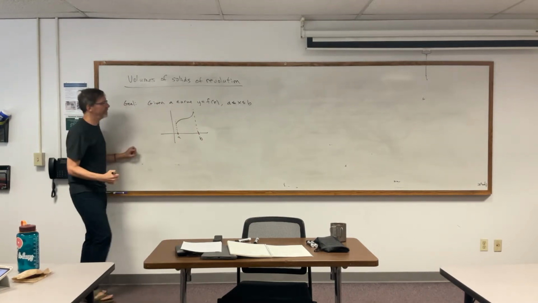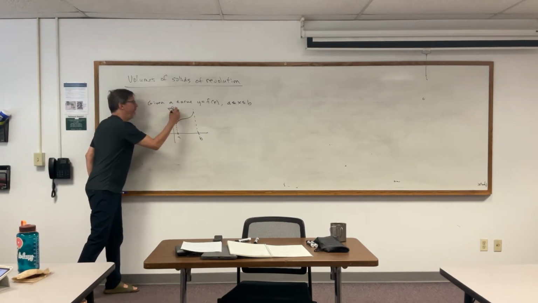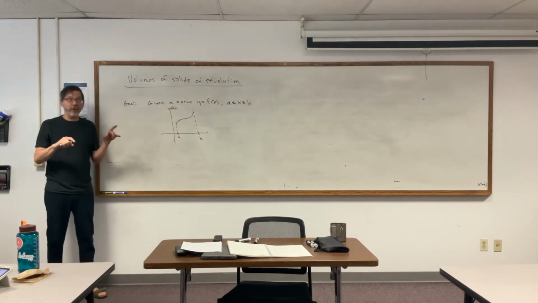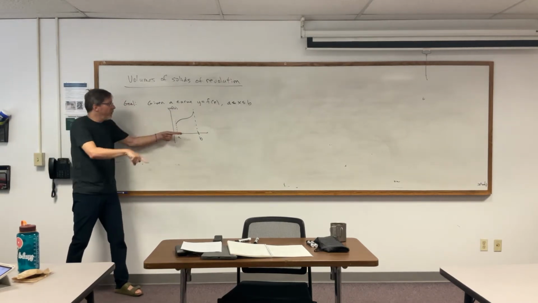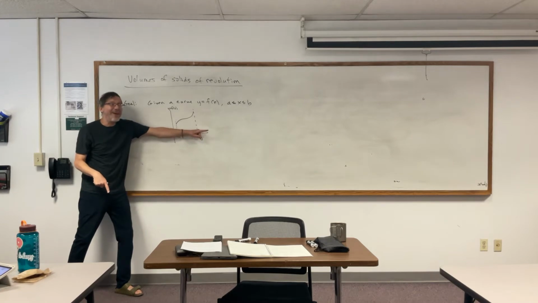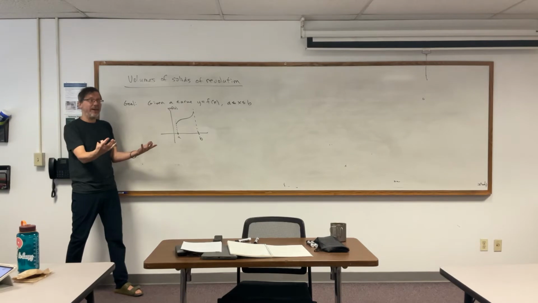What we want to imagine, we're going to do two different imaginings. The first one is we're going to spin this around the x-axis. So we're going to rotate this thing around the x-axis, and it's going to form a solid. We want the volume of that solid.